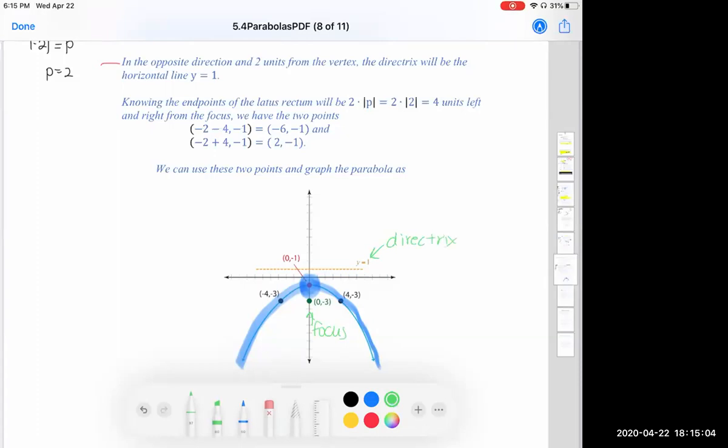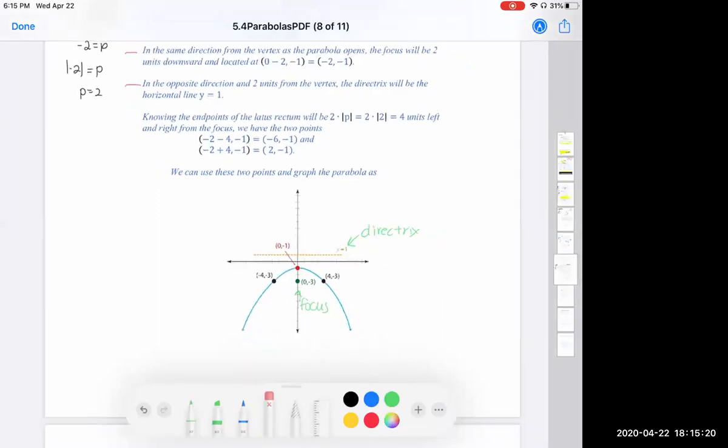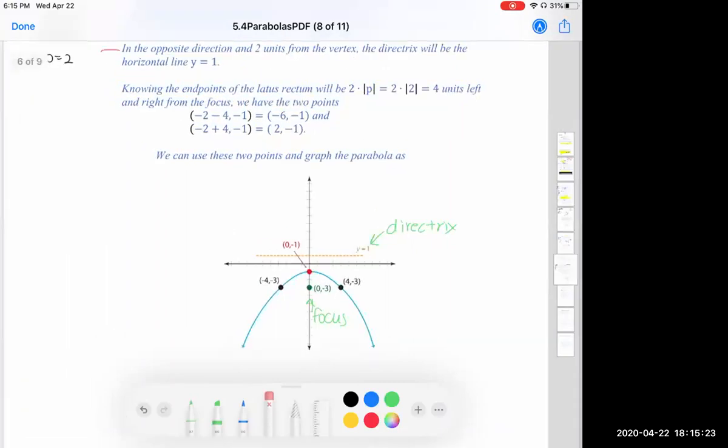All right, we're almost done. We need to find that p and count from our vertex. So we have a p of 2. So we're going to add 2 from our focus. Actually, we're going to use 4 times p, and this is to find more points.